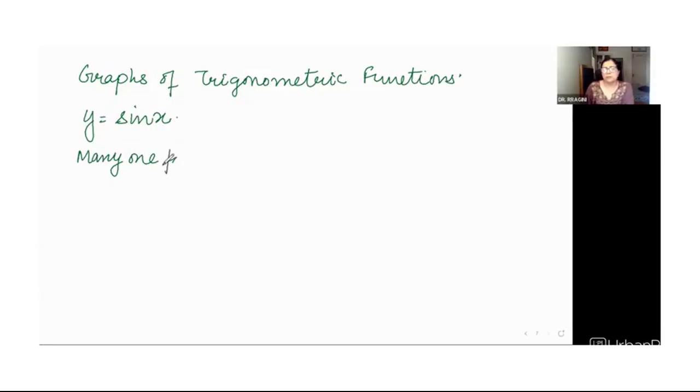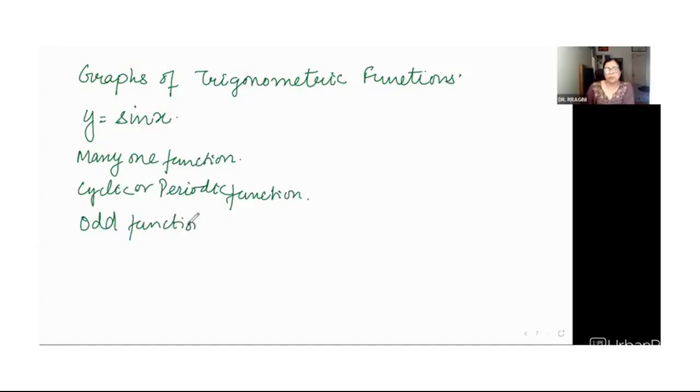It is a cyclic function, cyclic or periodic function. It is an odd function. See, all these things have their values when we come to put the values and use it. It is an odd function, right?